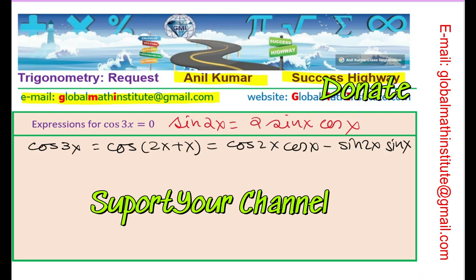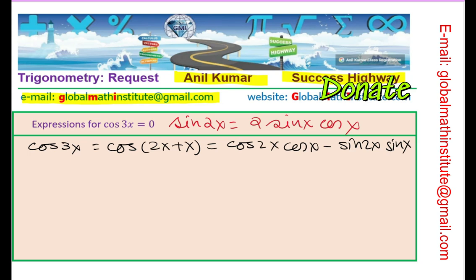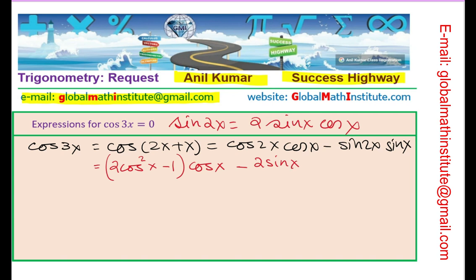So, coming back to cos 3x. As you can see, we can write cos 3x as cos 2x cos x, minus sine 2x sine x. Now, I'm really interested in writing everything in terms of cosine. So cos 2x I'll write as 2 cos square x minus 1, and we'll multiply this with cos x, and here we have minus sine 2x, which is 2 sine x cos x, times sine x.